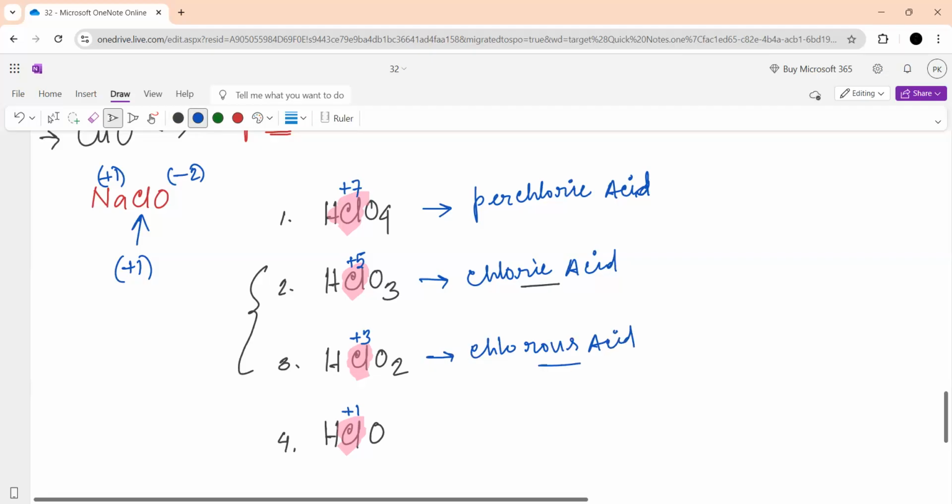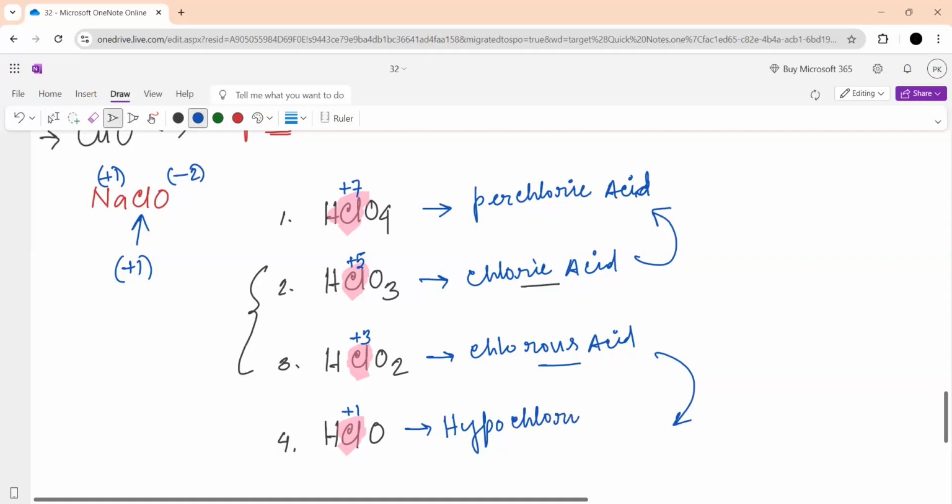Now the first one is one level higher than the second one, so we call it perchloric acid, and the fourth one is one level lower than the third one, so we call it hypochlorous acid. Hypo means down.